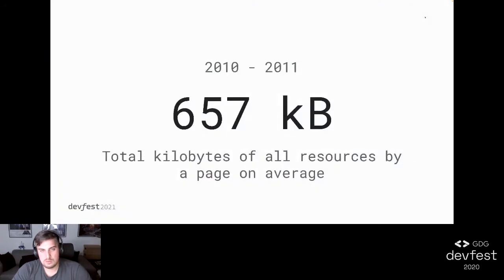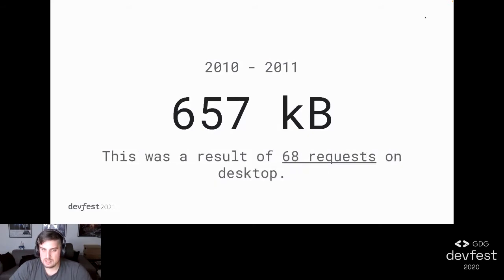If you take a look at 2010 and 11 collectively, the total amount of kilobytes of all the resources on a page averaged to be 657 kilobytes. Remember, this is on average of all the resources, all the fonts, the HTML, the CSS, the JavaScript, everything averaged to just 657 kilobytes.